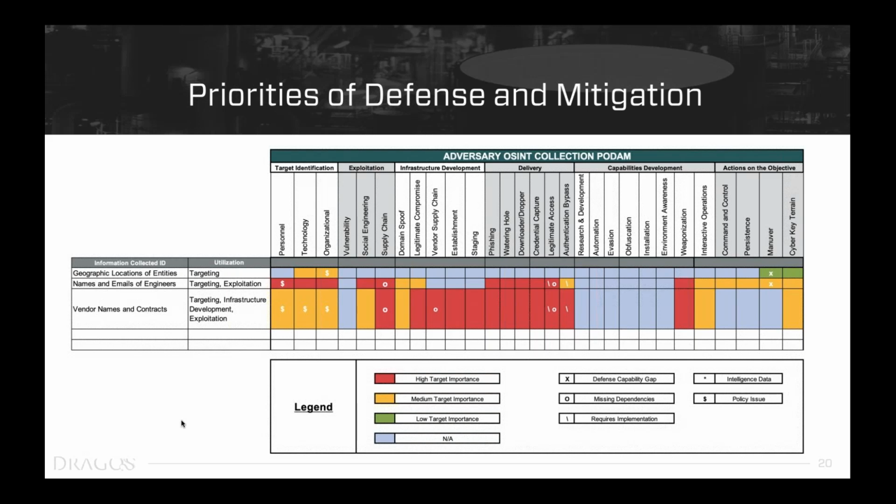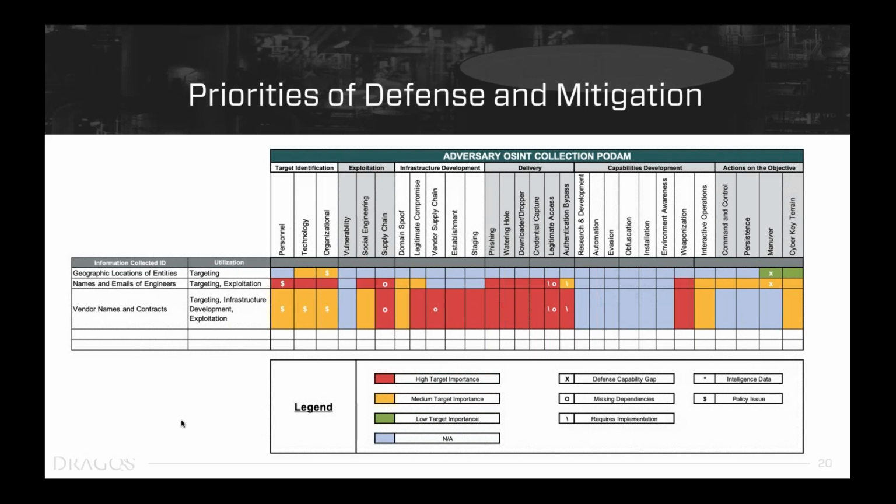There are some times where, in looking at specific technology, there's an assumption that yes, we are protected from that, but there could be a specific defense capability gap that was not taken into account based upon information that is available in OSINT.